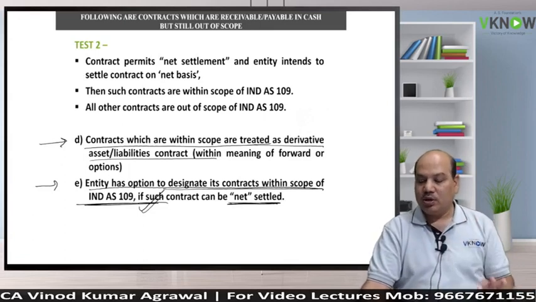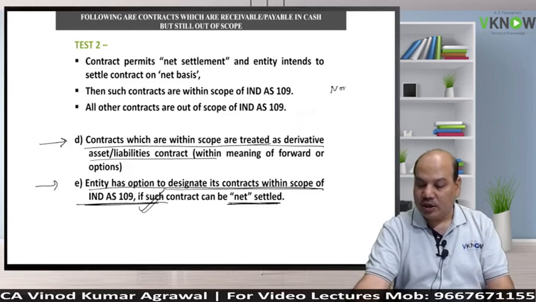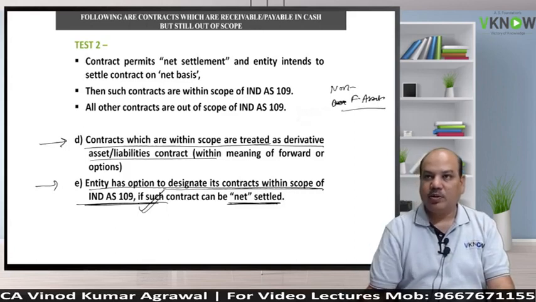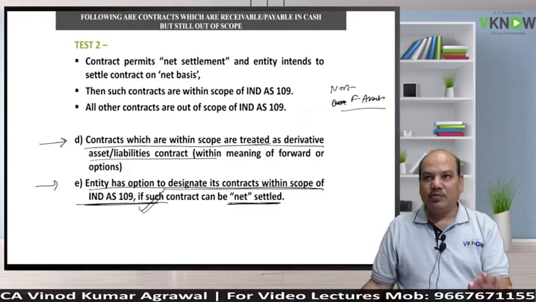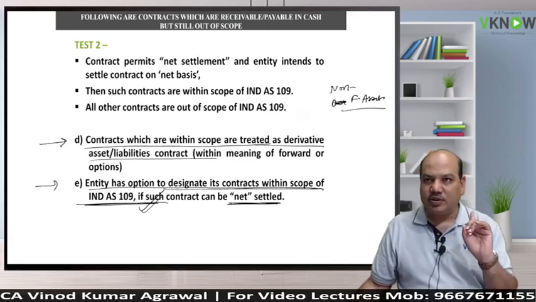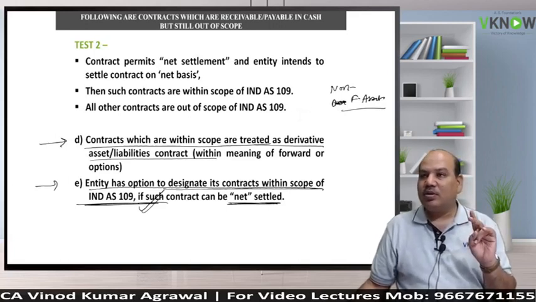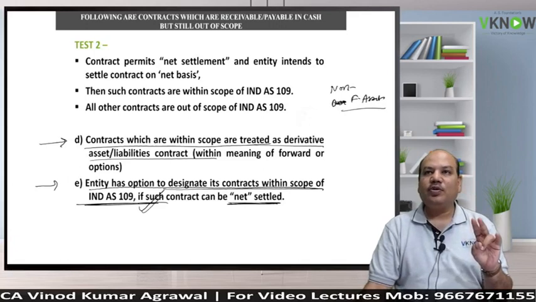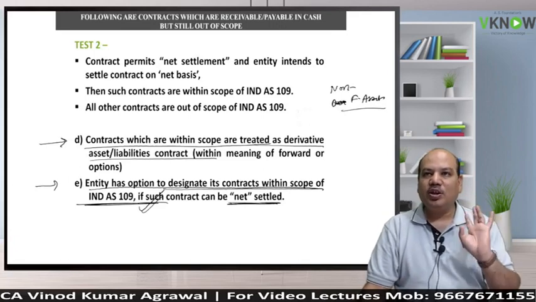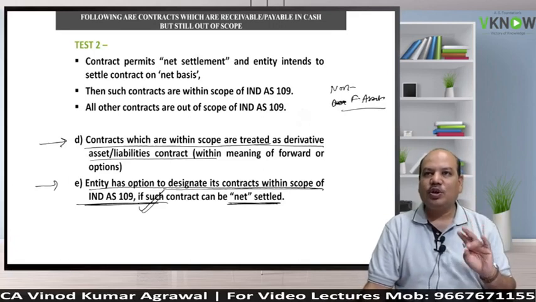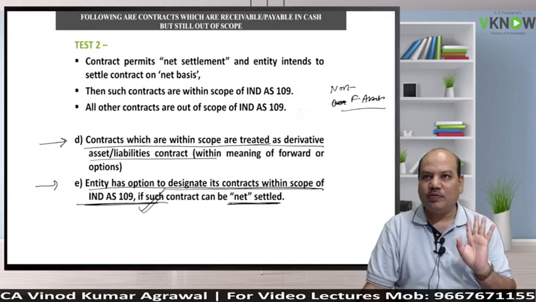So when will a contract for a non-financial asset be covered by the standard? I repeat. One, there is a past practice of settling on a net basis. Second, there is a past practice of buying and quickly reselling so as to make an immediate profit.